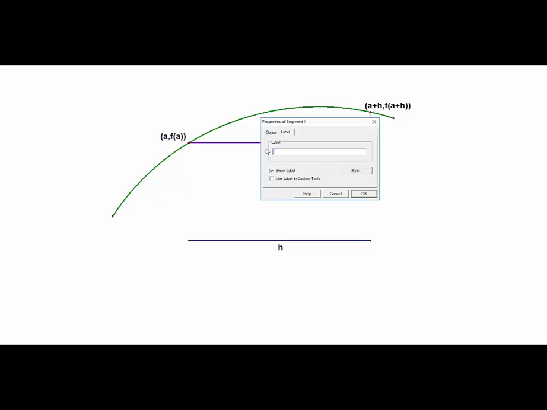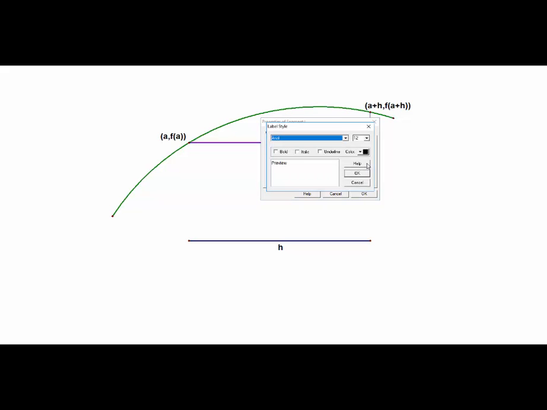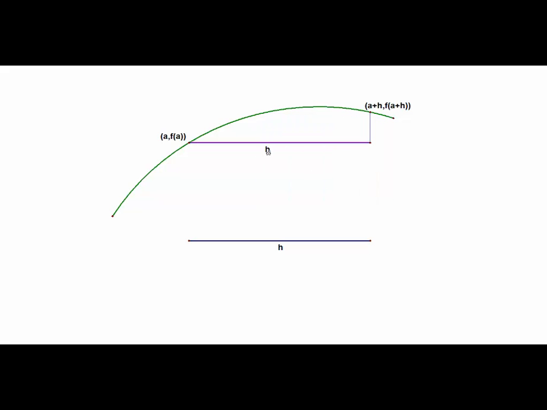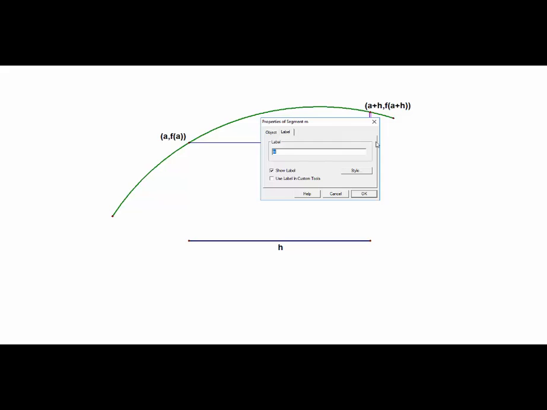This is simply h again, the h that we have. Sorry, I should have enlarged it before for you. So see, this is h, and what would this quantity be? That would be f of a plus h, that is the altitude here, minus f of a.